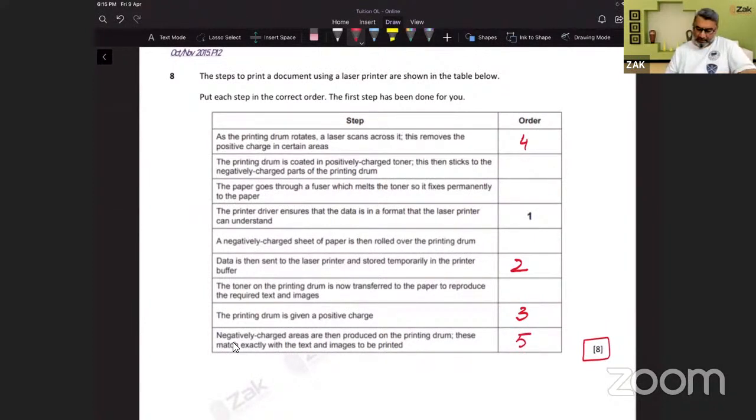And then we have the printing drum is coated in positively charged toner. This toner is ink. This then sticks to the negatively charged parts of the printing drum.